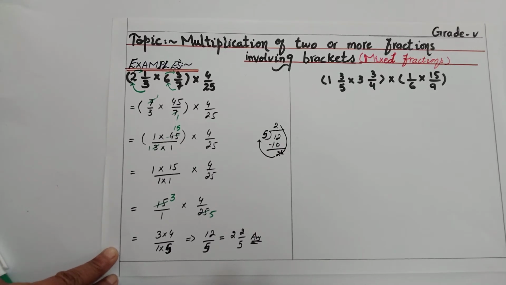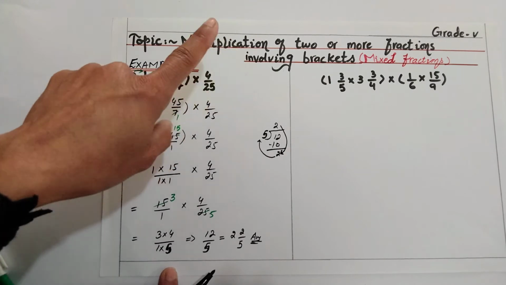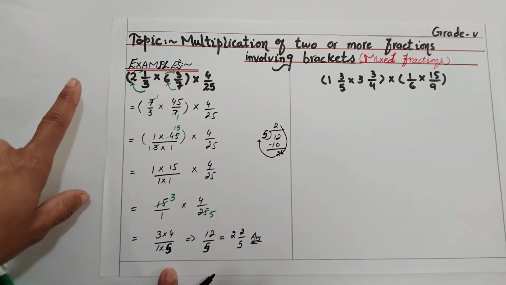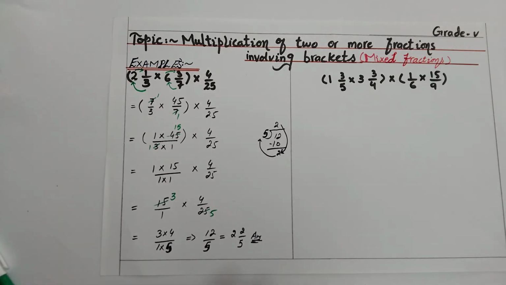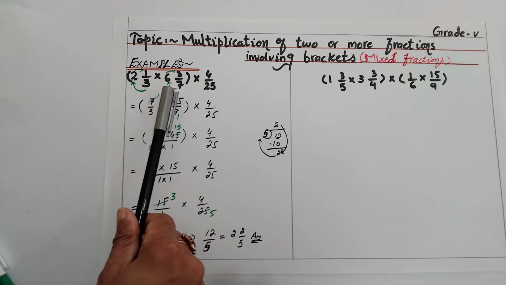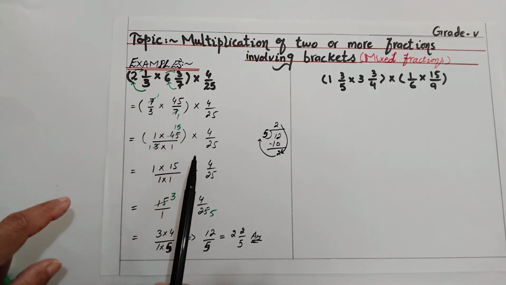Clear? So students, whenever you have to multiply 2 or more fractions involving brackets, whether the fractions are simple fractions or mixed fractions, you have to solve the fractions inside the brackets firstly and then you will simplify the fractions.